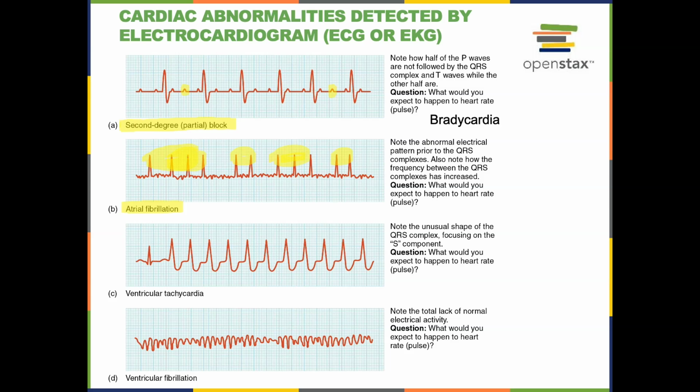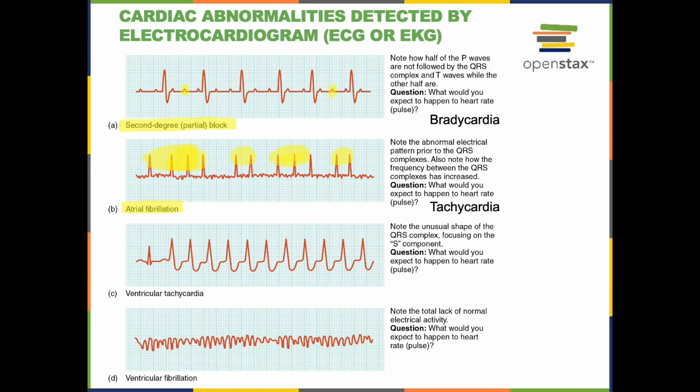And so this can lead to an abnormally elevated pulse rate, although the blood pressure would be decreased as a result of a loss of efficiency of the heart's ability to pump blood.